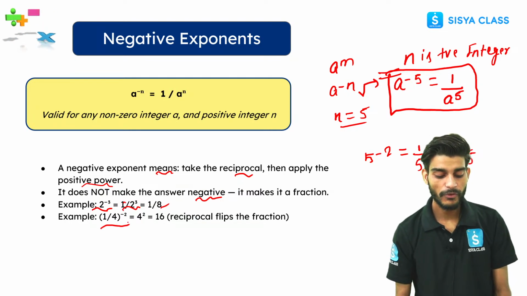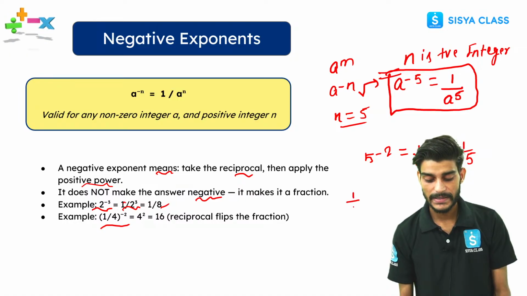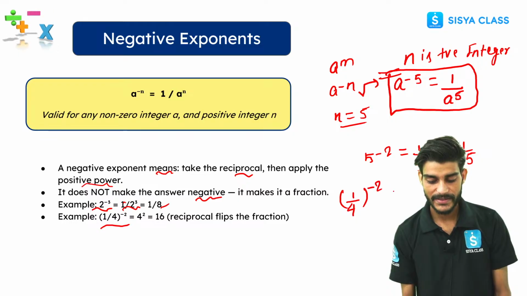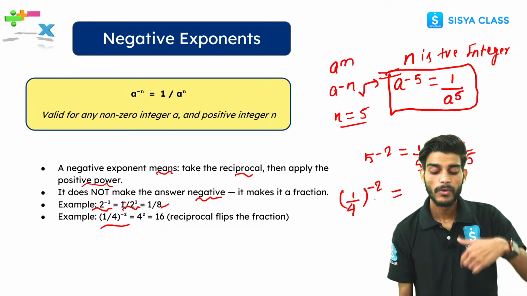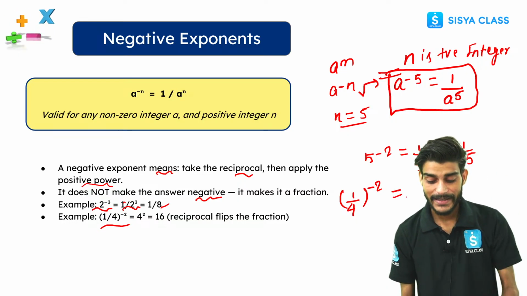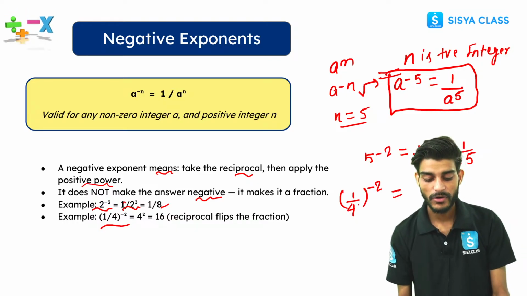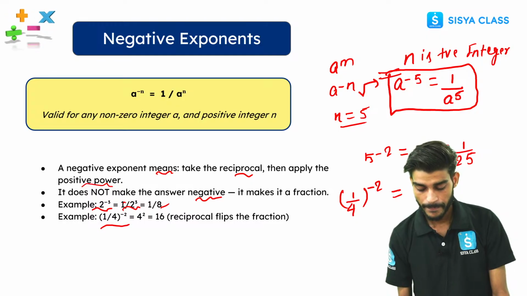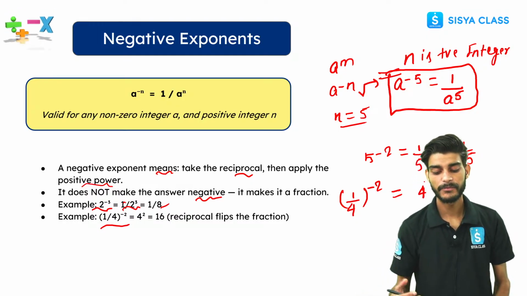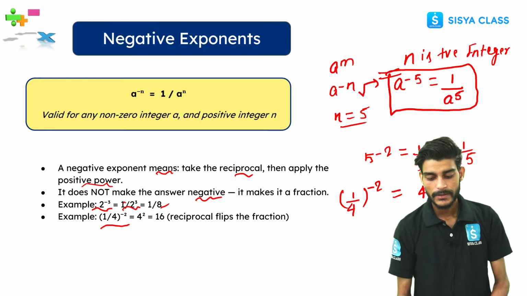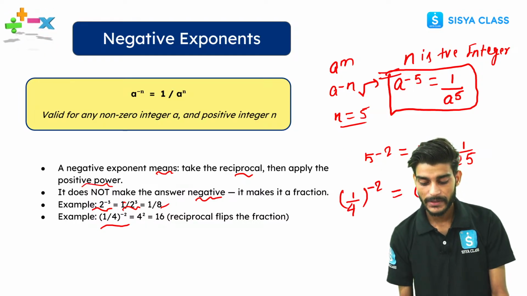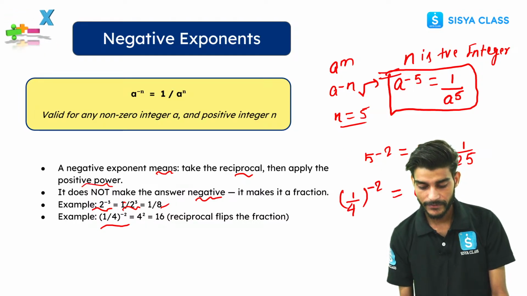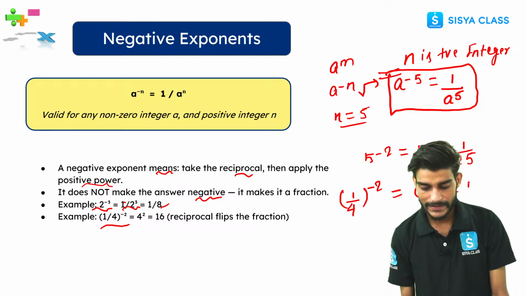Now 1 upon 4 raised to the power minus 2. This one is important. We already have reciprocals, like in fractions we have the values. So what I'll do? Take their reciprocals first. What is the reciprocal of 1 upon 4? That is 4. The reciprocal of 1 upon 4 is 4 only. So 4. Now the powers will become positive. So 4 square, that is 16.